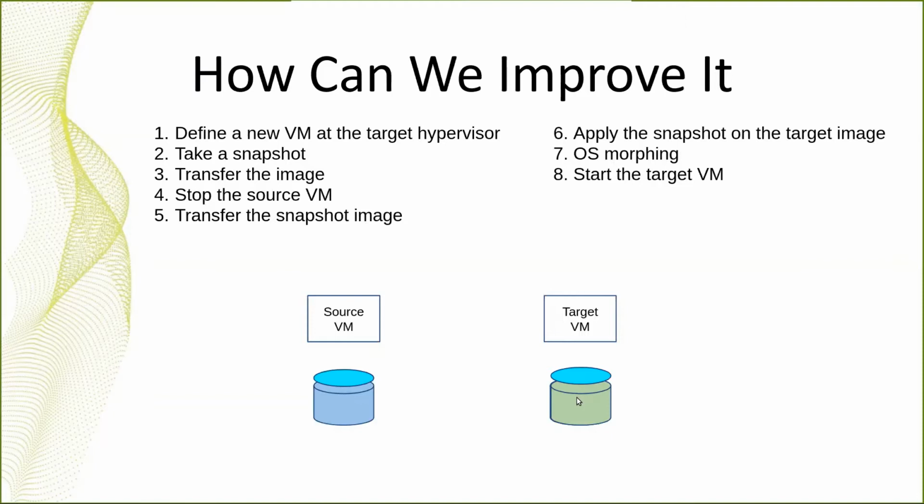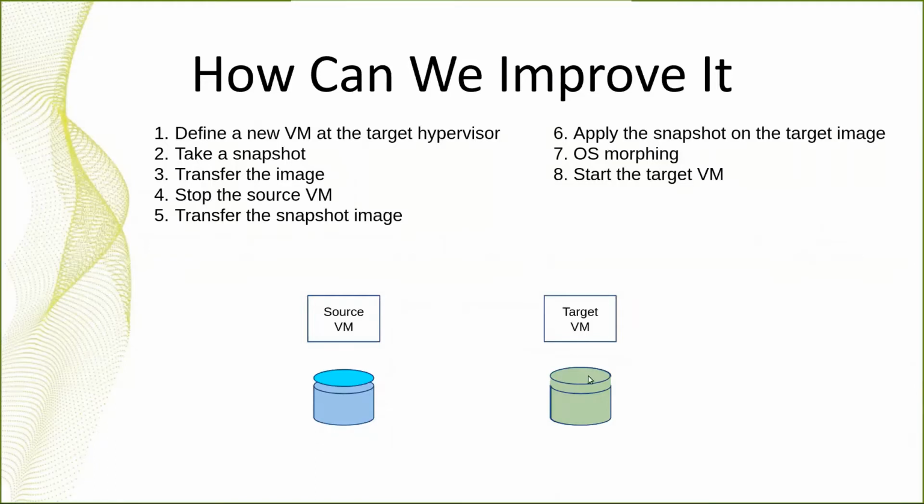In the case of our demo, we have created this snapshot image in the VMDK image format, and we have to apply it to a raw disk image that will be used by the target hypervisor. To do this task, we use an open source tool that we have developed. I'll go through this in more detail during the demo.